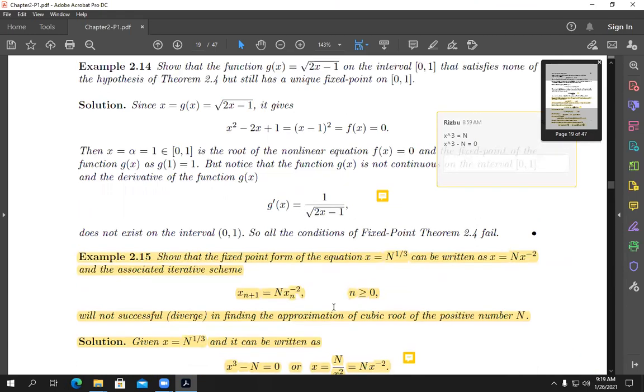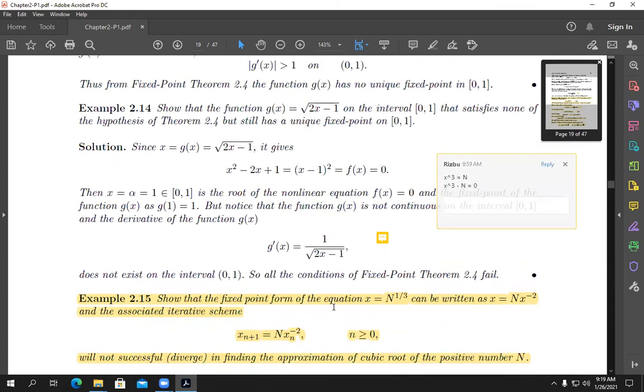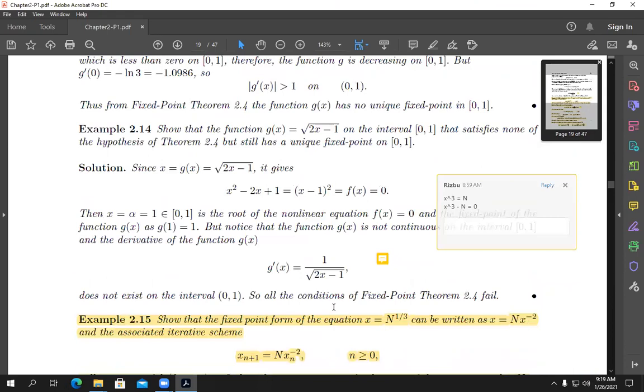Now this is another example, a very good one here. This is also something I gave 2-3 times in the exam. I say show that the fixed point form of this non-linear equation can be written as this one. I never say non-linear, you have to make it non-linear.